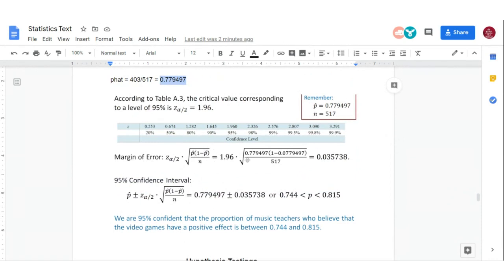And you'll see the one thing that's peculiar about this book is they always put 1 minus p-hat. That is essentially the same thing in some books as q-hat, because the probability or the proportion of something happening and not happening have to add up to 1.